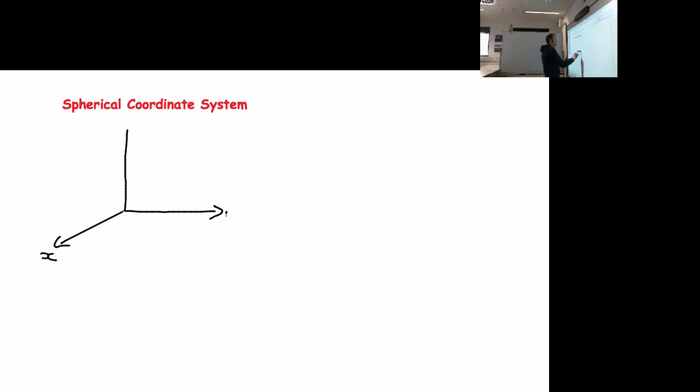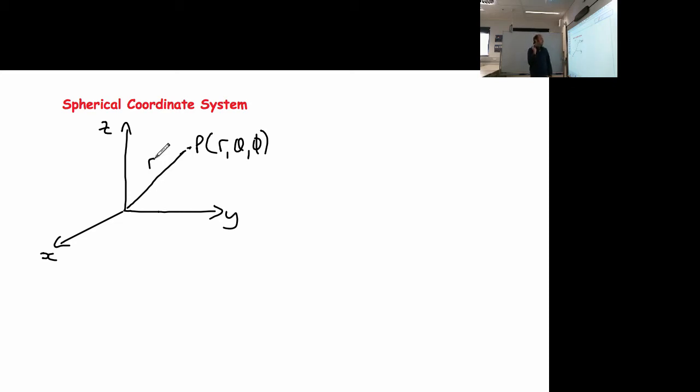x, y, and z. And we're going to consider some point P, which is given by r, theta, and phi in the spherical coordinate system. So what are these? Well, r is the distance from the origin to that point P. Theta is our polar angle.